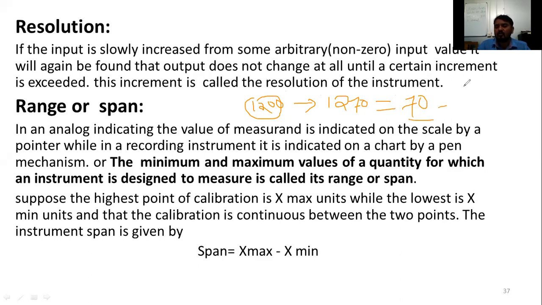70 to 80 we can give, 100 to 200 we can give, 0 to 10. They can give four options like that. Based on that, it is called range or span.